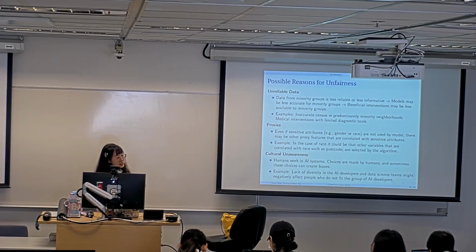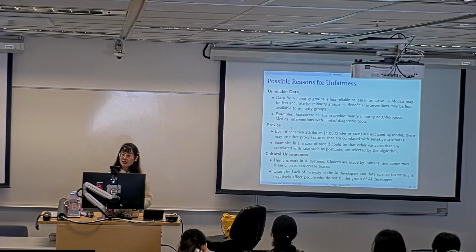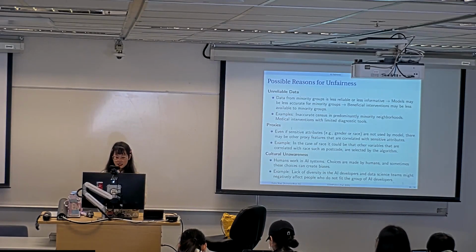And then proxies. Proxies, actually, this is a quite interesting reason. Just now, we talked about many possible biases, right? Then some may immediately propose the solution: why not directly remove some features, like the sensitive features, gender or race?